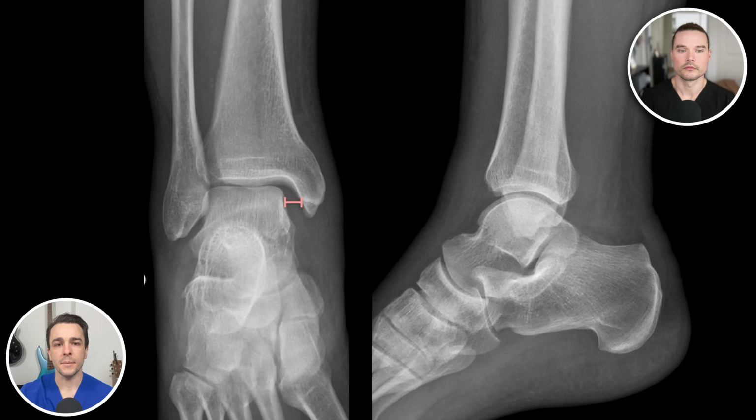After looking at these images, you go to the patient and get a deeper history and physical exam. On history, you hear that they had a pronation injury and external rotation. That is the sum of the forces on this patient's ankle. When we think about that, we then do our physical exam and you see this patient's ankle is super swollen. With this, you should always be palpating the proximal tib-fib.